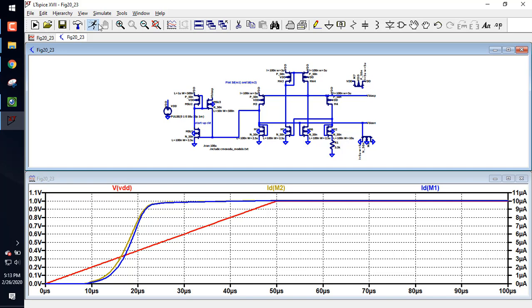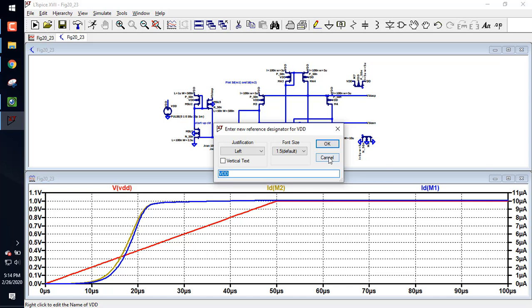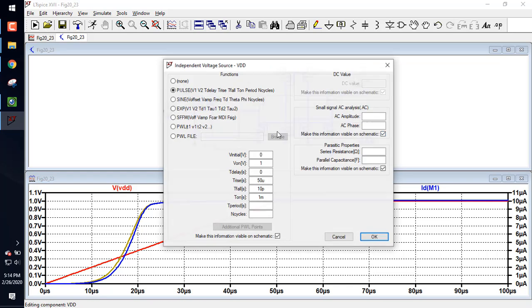Hit run. Yeah, this one shouldn't matter. When I want instability, I don't get it. Let's just say none, DC value 5, hit OK, run.